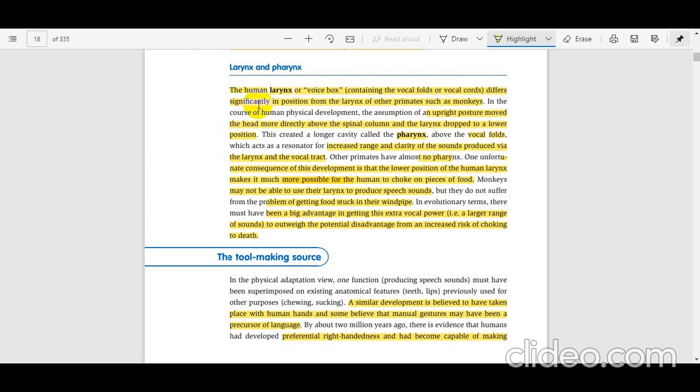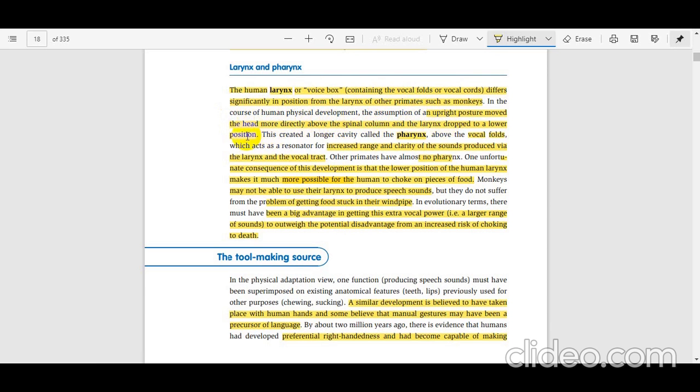So now we are talking about the position of the vocal cords inside the larynx from the larynx of other primates such as monkeys. This is again another comparison between humans and monkeys. In the course of human physical development, the assumption of an upright posture moved the head more directly above the spinal column, and the larynx dropped to a lower position.